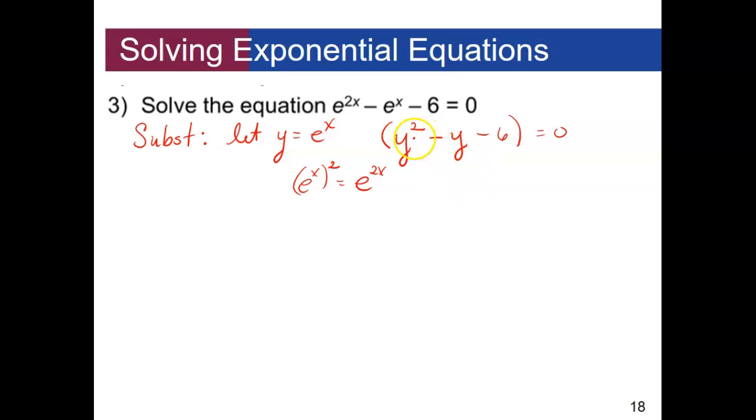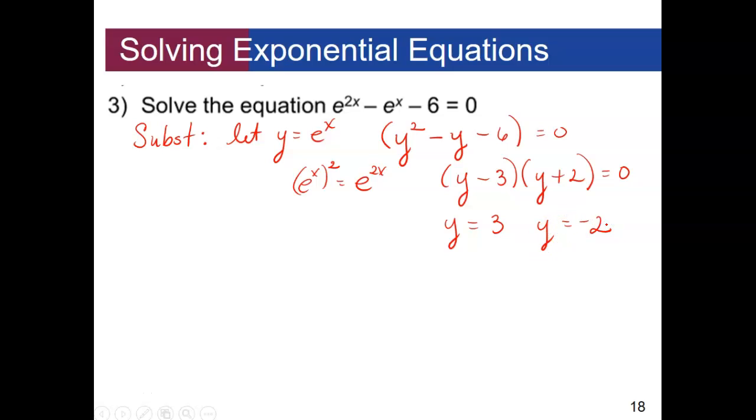Okay, so what I want us to do with this quadratic is factor it like we would normally factor. We want to know what multiplies to give us negative 6 and subtracts to give us the 1. So that's going to be a minus 3 and a plus 2. So when we solve this, we're going to get y equals 3 and y equals negative 2.